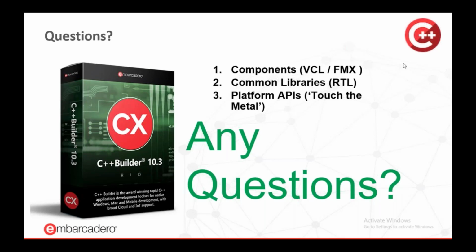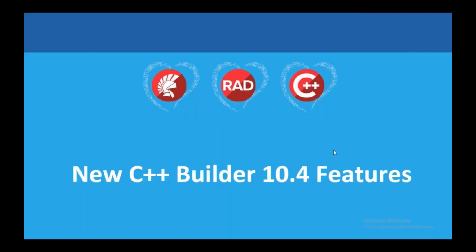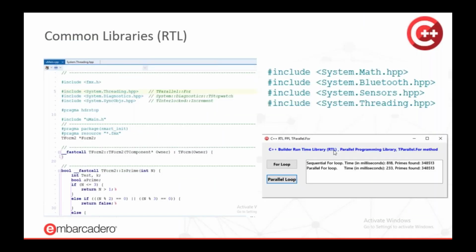The runtime library is part of the common libraries. For example, if we go back up a few, the runtime library is part of the common libraries. Just by adding the header file for the runtime library you need, like system sensors, system Bluetooth, system math, that gives you access to those functions and methods inside the runtime library.